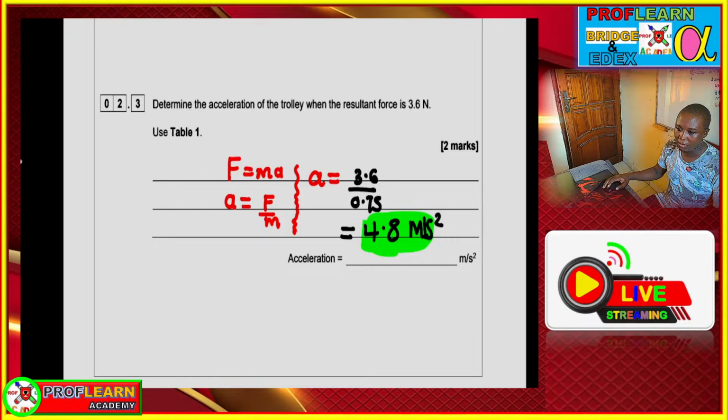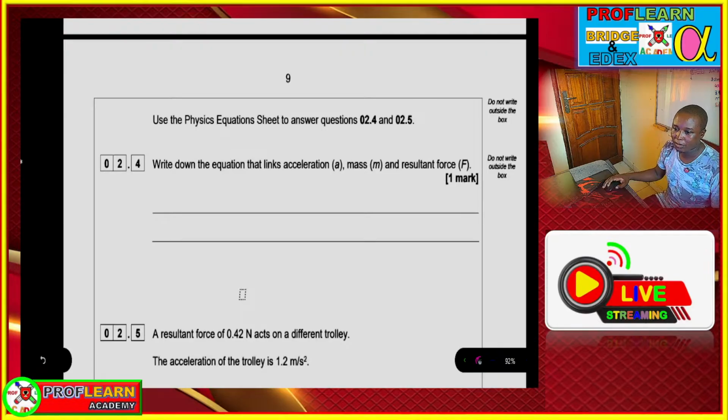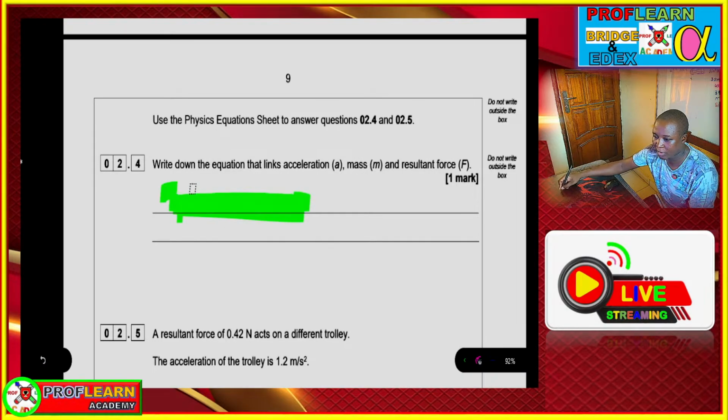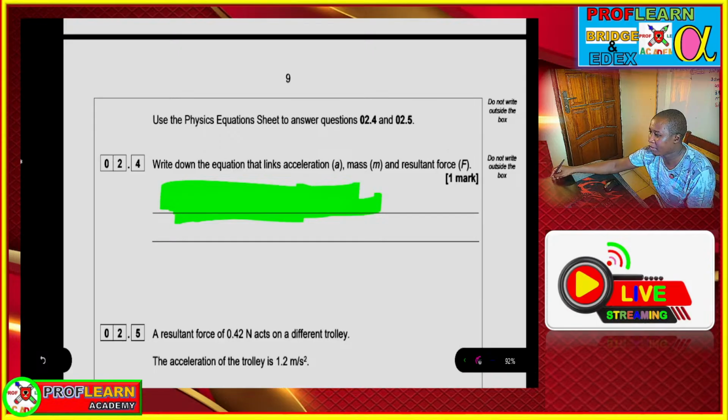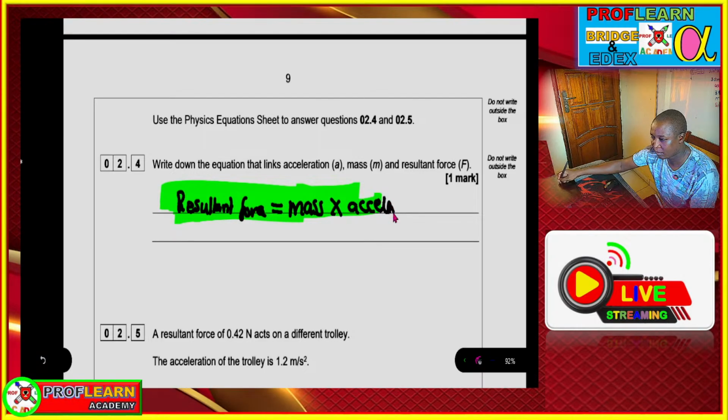All right, guys, let's proceed and see what's happening down here. The next question: write down the equation that links acceleration, mass, and resultant force. Already we've written that equation some areas above. So we're going to say resultant force is equal to mass times acceleration.